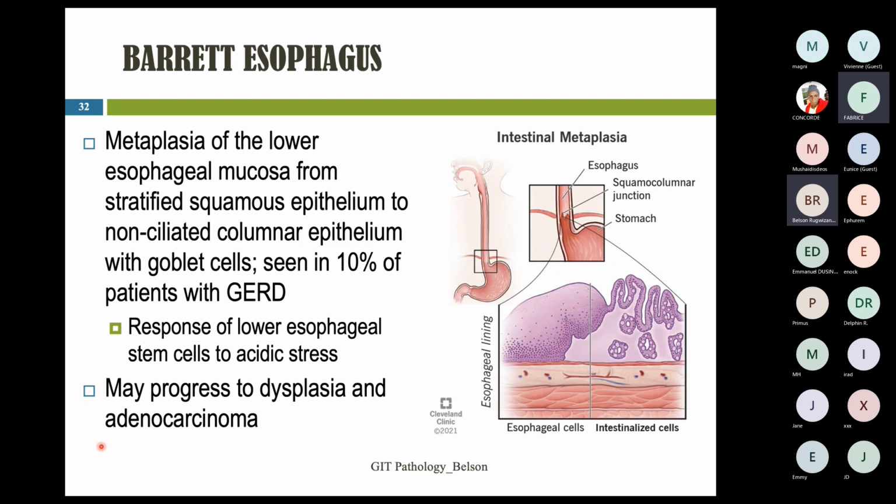So this is important. There is no way you can say Barrett esophagus will cause squamous cell carcinoma. No, it will cause adenocarcinoma because it starts with intestinal metaplasia, meaning there are glands coming. Then from glands, we don't have squamous cell carcinoma. From glands, we can have adenocarcinoma.